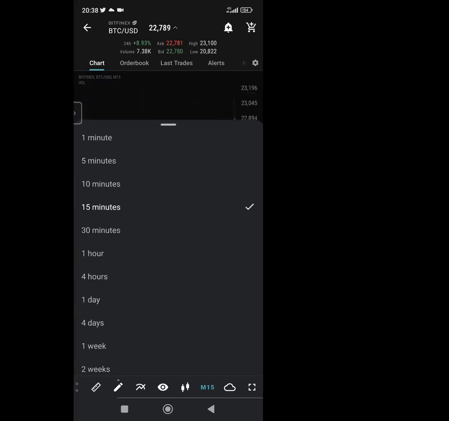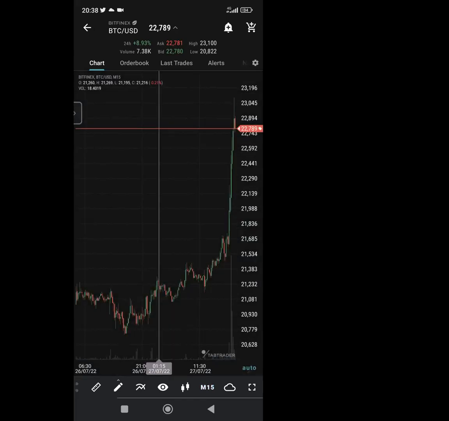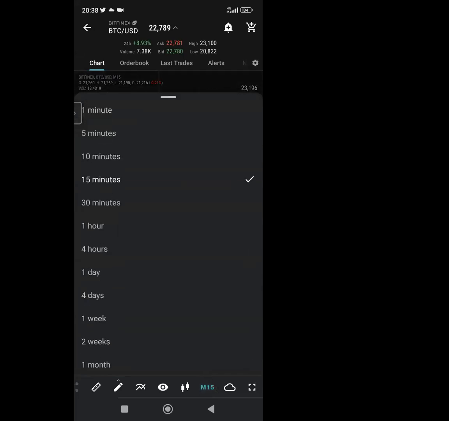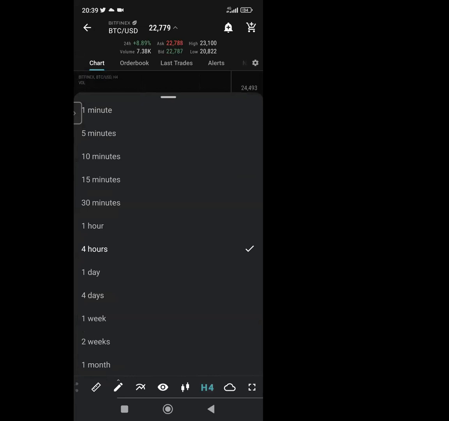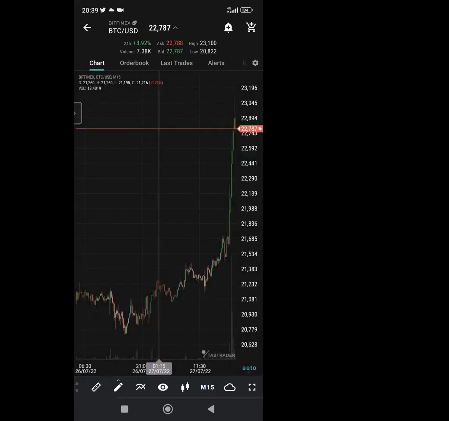One thing you need to know is this: bigger time frames have more effect, more power, than small time frames like 15 minutes. Sometimes small time frames can be very radical.